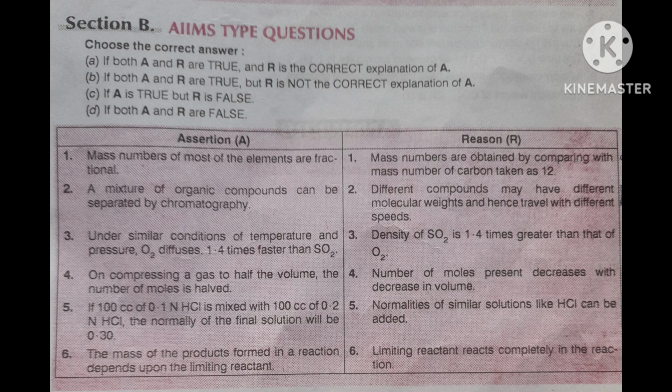The mass of the product formed in a reaction depends on the limiting reactant. That is 100% correct. The limiting reactant, which is in less quantity, will react completely. So both assertion and reason are correct, and the reason is the correct explanation.